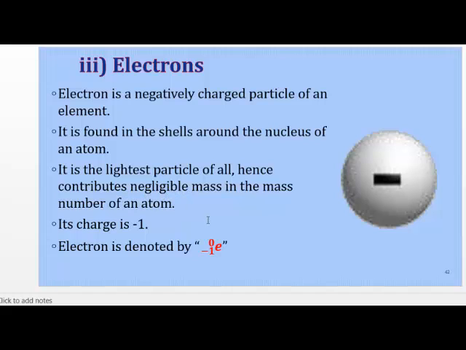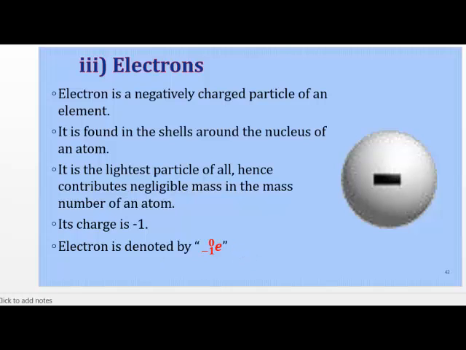So the mass of an atom is equal to the number of protons plus the number of neutrons. The electron does not contribute to the mass of an atom because it is very light. Its charge is -1. It has the negative charge, so we call it the negatively charged particle, and it is denoted by the letter E.